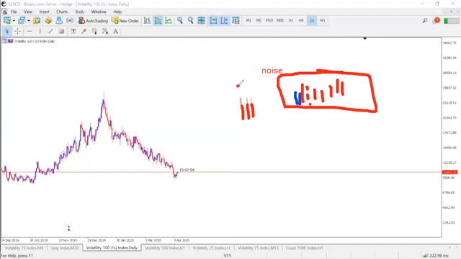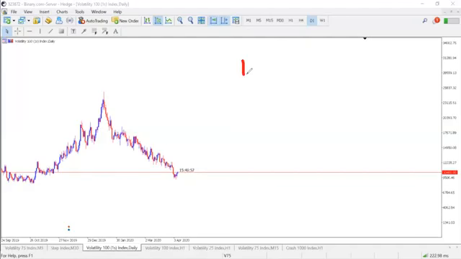So to avoid the noise, you always need to go to a higher time frame, because you're gonna get more confirmation from a higher time frame than a lower time frame. You're gonna get the most valuable directional bias on a higher time frame than on a lower time frame.